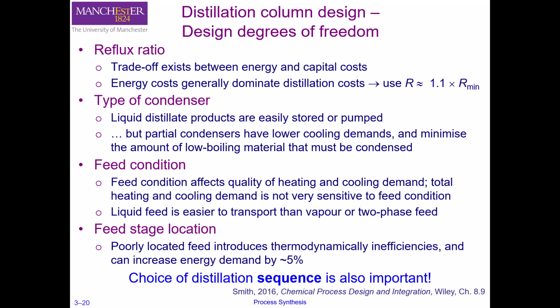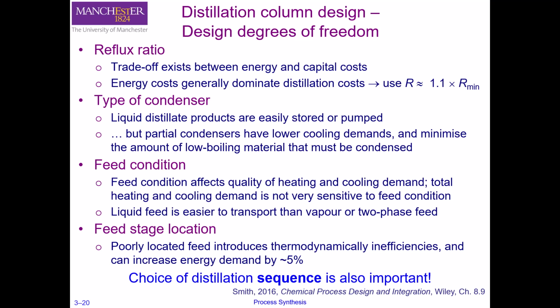Normally we try to introduce the feed onto a stage where it has a similar composition and/or a similar temperature. In a binary column you can match it pretty much exactly, but if you have complex columns or multi-component columns, you can't get an exact match.